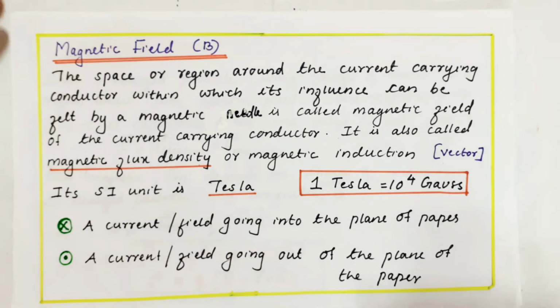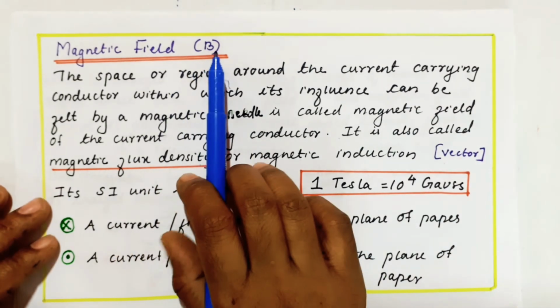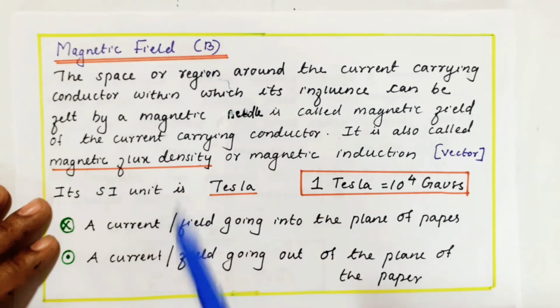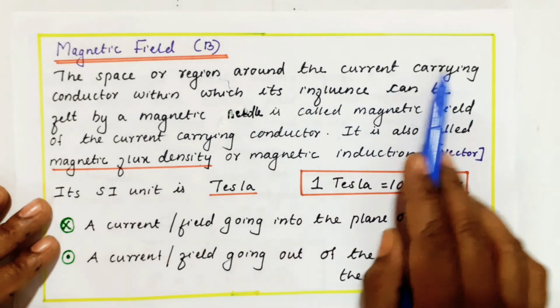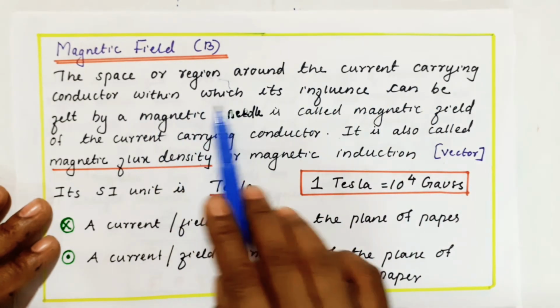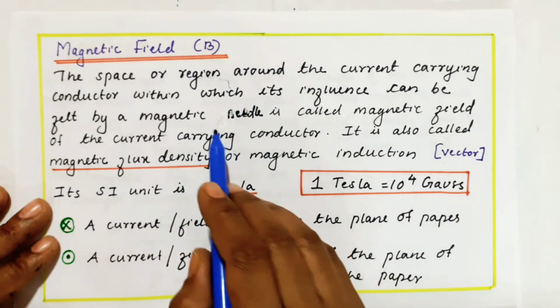Next, what is a magnetic field? I was telling about the magnetic field produced and the direction of magnetic field. The symbol for magnetic field is B. An electric field is a region around an electric charge where electric force is experienced. A magnetic field means the space or region around a current carrying conductor within which its influence can be felt by a magnetic needle.